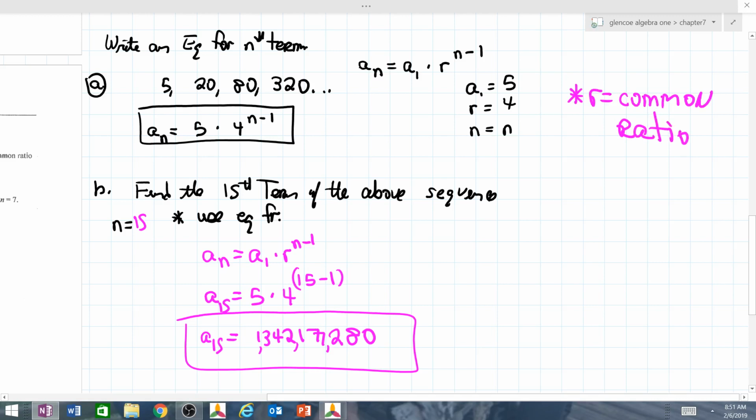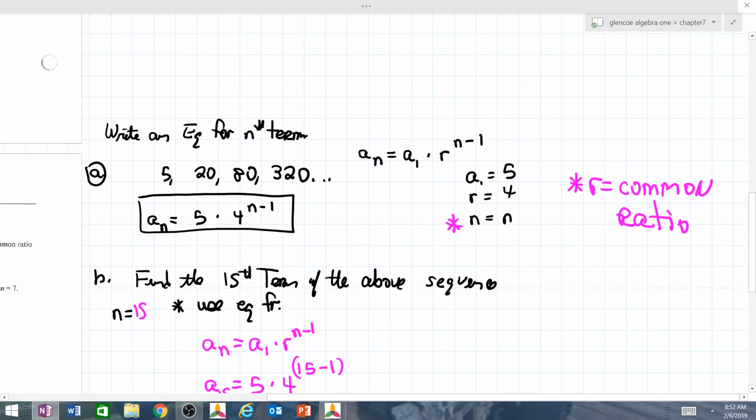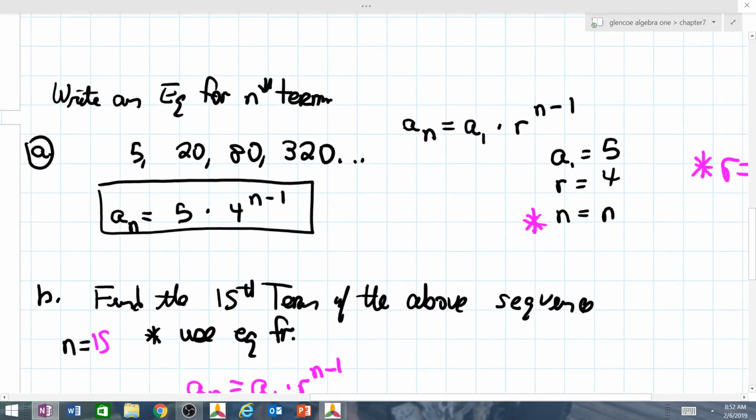Our sequence was 5, 20, 80, 320, and so on. To write an equation for the nth term, the thing that you guys don't like is n stays as n. So the nth term is equal to the first term, which is 5, times the common ratio, which is 4, to the power of n minus 1.